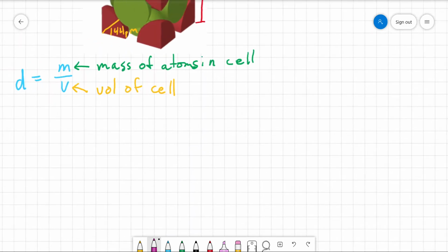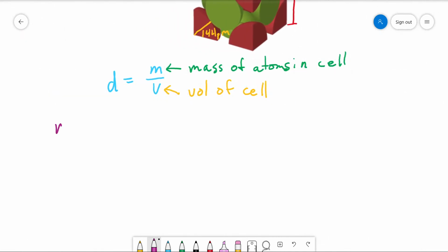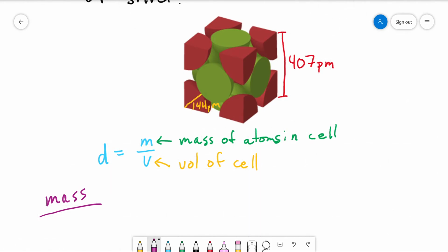Okay. So first thing we need to know is how many atoms are in that cell. Well, the red and green, they're all silver. So let's count them up again, just like we did before. There's 1, 2, 3, 4, 5, 6, 7, and then back there buried, there's an eighth.